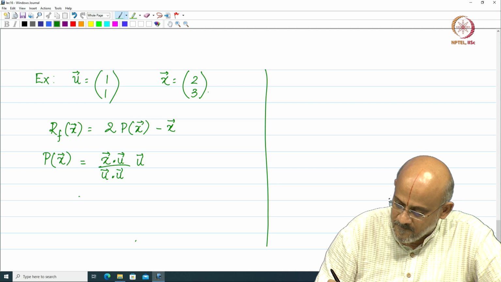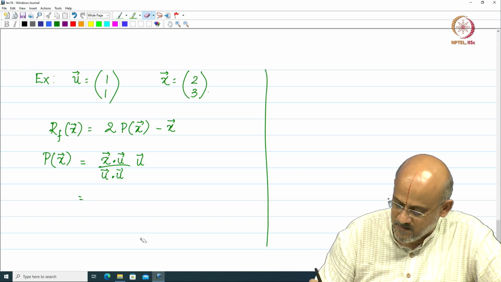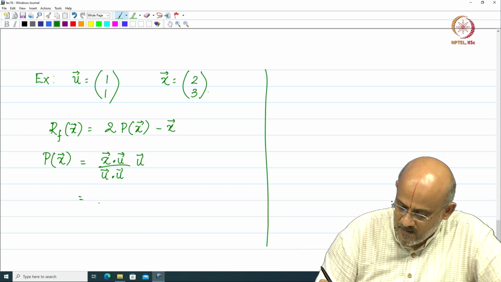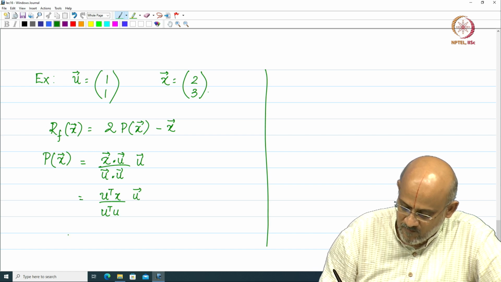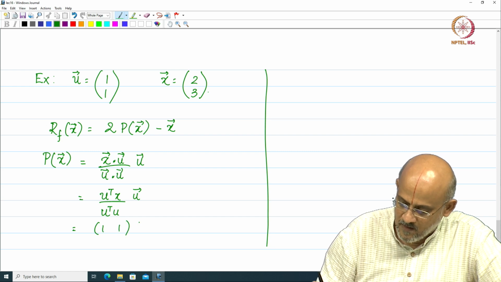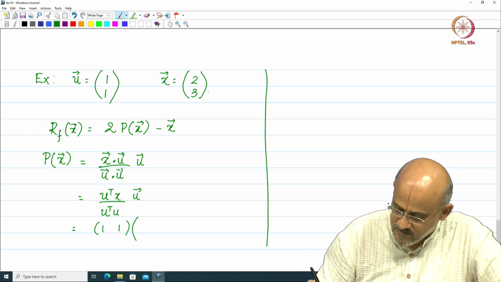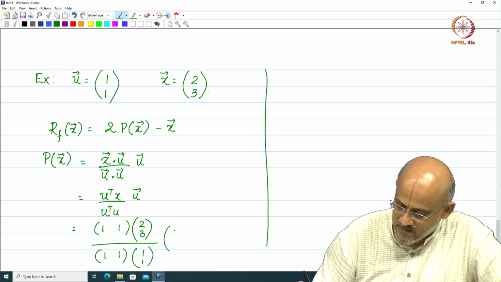So, that is going to be u transpose x divided by u transpose u in the direction of the vector u, which is nothing but, let us say, (1, 1) dot product with (2, 3), divided by (1, 1) dot (1, 1), along the direction of (1, 1).